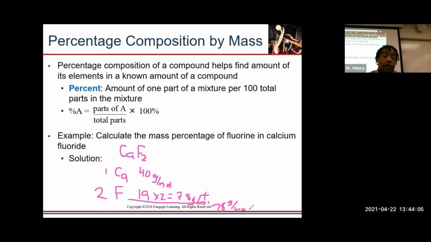If I want the fluoride in this, I take how much fluoride I have, 38 grams per mole, over my total, which is 78 grams per mole.